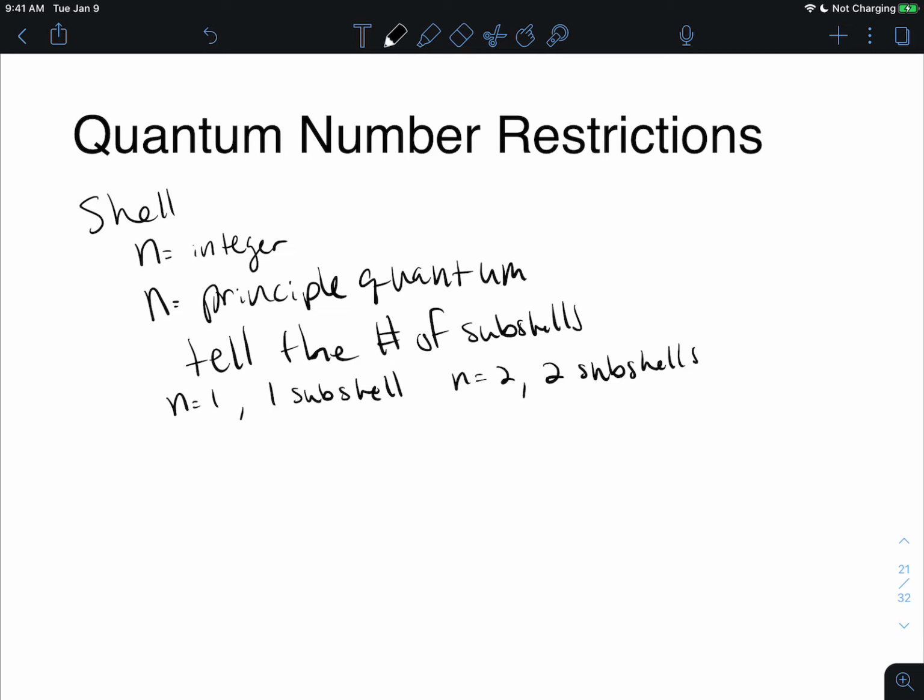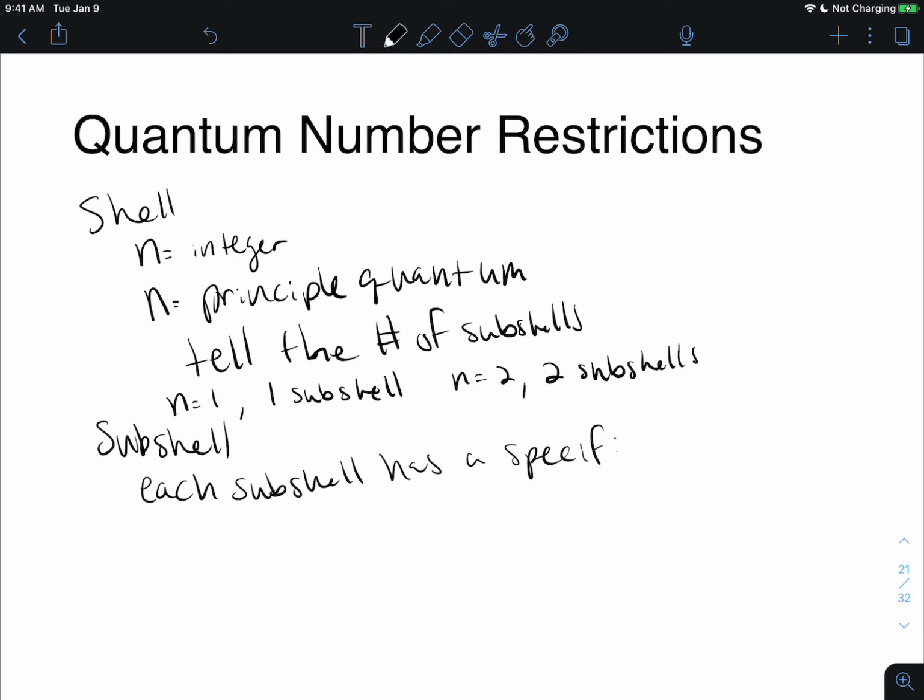And then if we have a subshell, it's going to have a specific number of orbitals. Within our subshell, the restrictions for our subshell: each subshell has a specific number of orbitals.